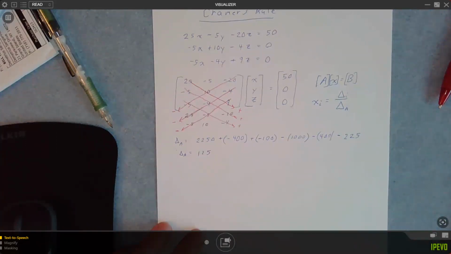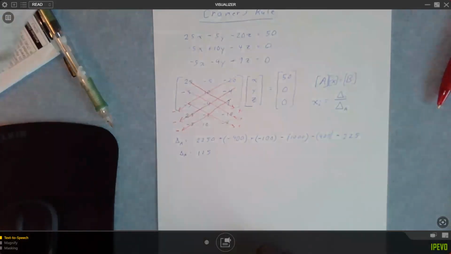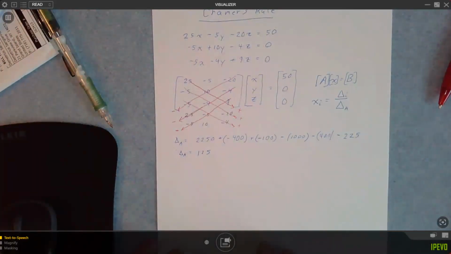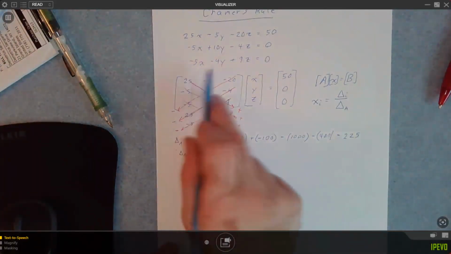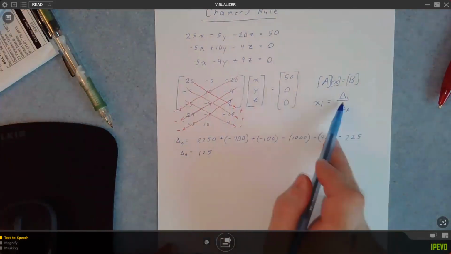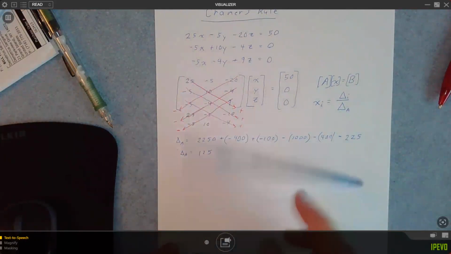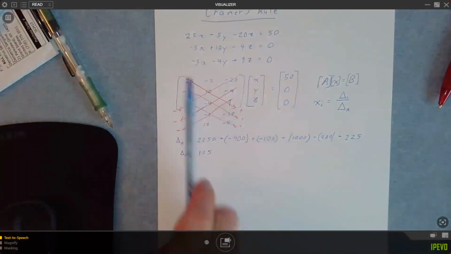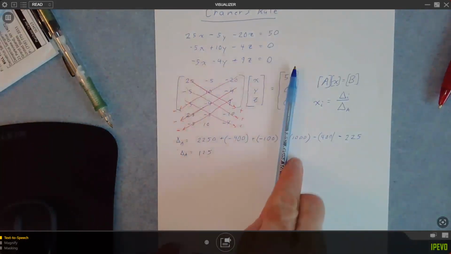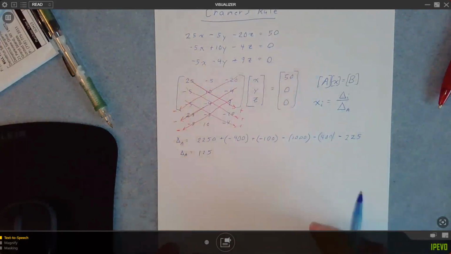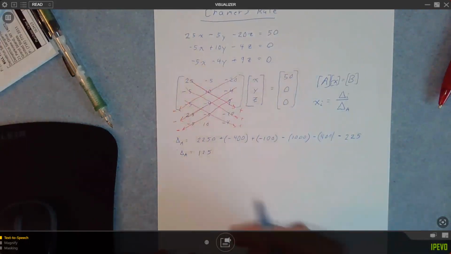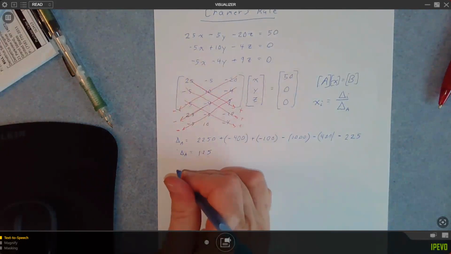Now, let me adjust my brightness here. A little better. Now what I do is I take this matrix, and for the delta I replace each column. So for I equals 1, I'm replacing column 1 with the solution matrix, the matrix B, basically. All right, so I'm going to write these out.